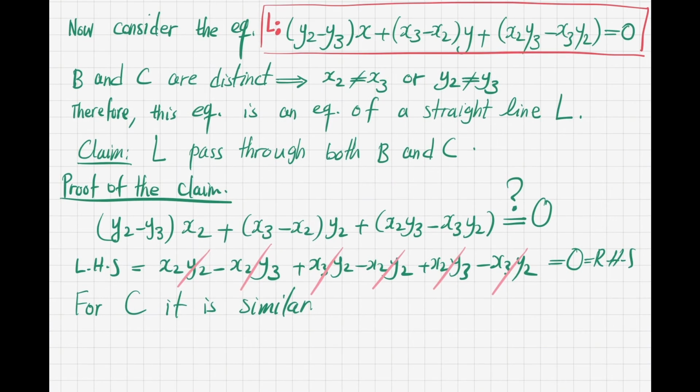Now what can I write? I can write that B, C, and A are collinear if and only if what happens? B and C are already lying on L. So B, C, and A are collinear if and only if A lies on L as well.